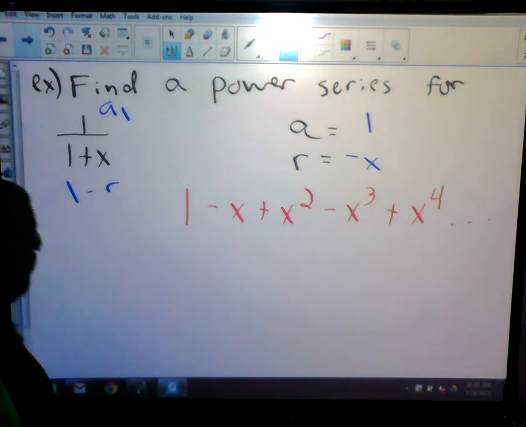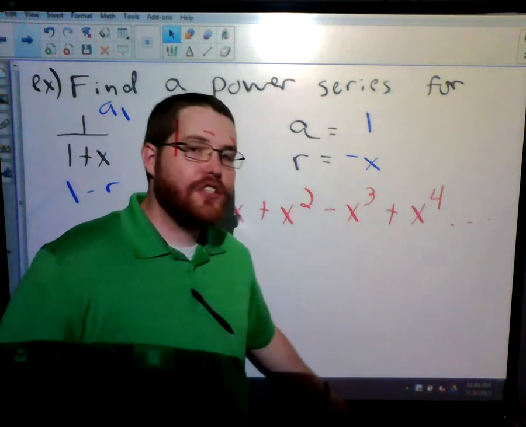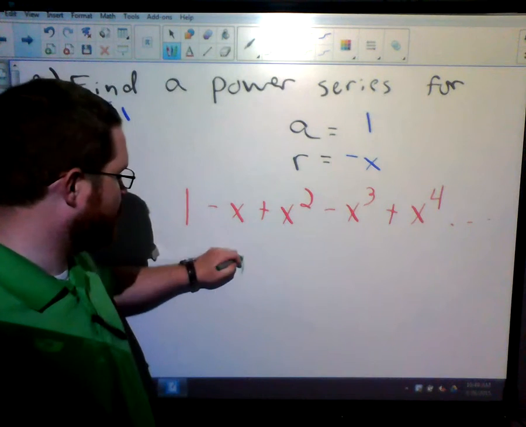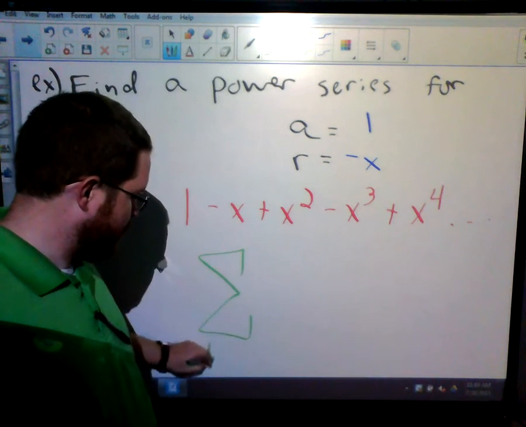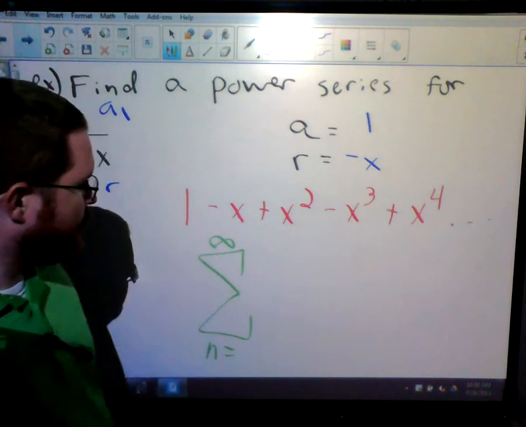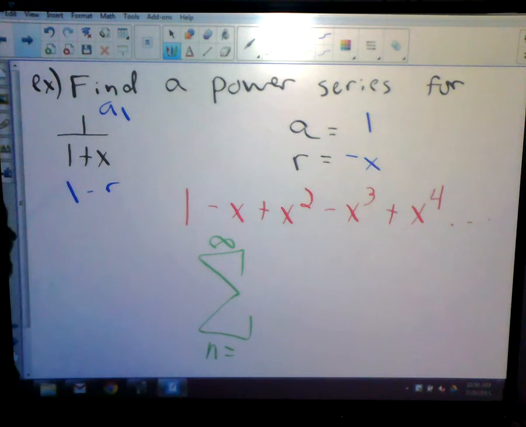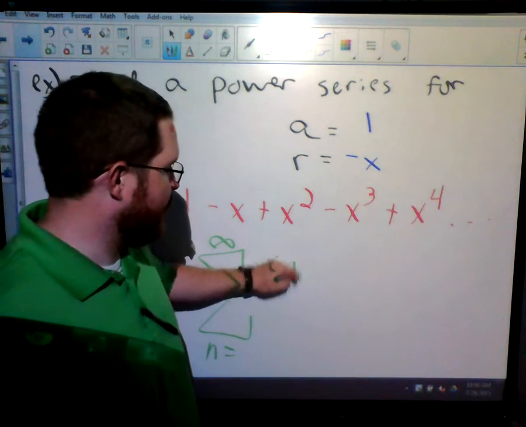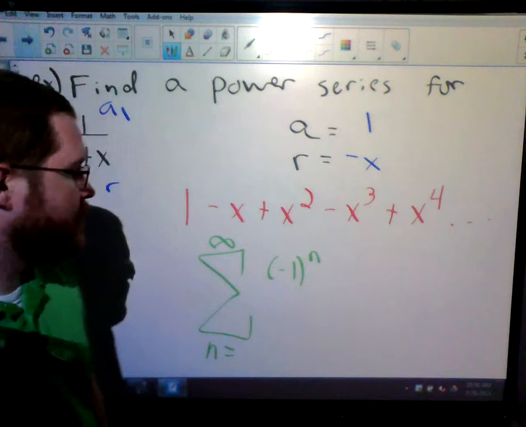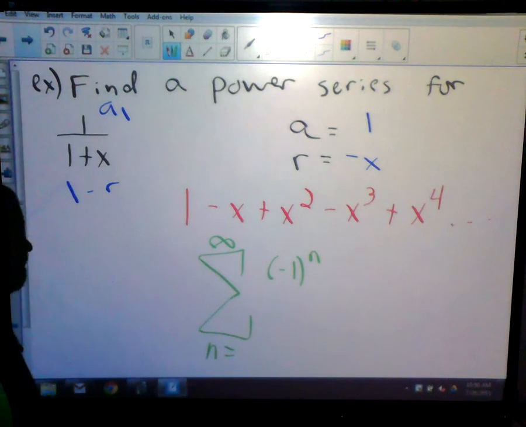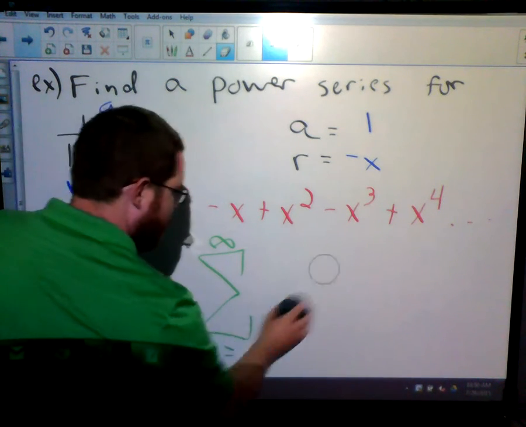You also have to be able to write the general term. There are lots of different ways to write it, and it doesn't matter where you start. The first thing I see is that it alternates, so I'm going to put negative 1 to the n in there to make sure it alternates.